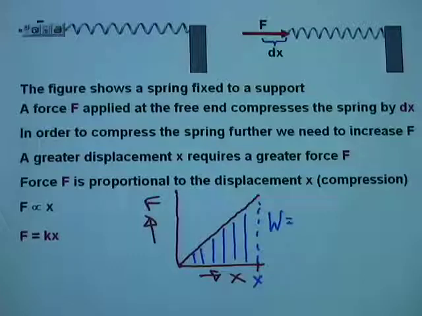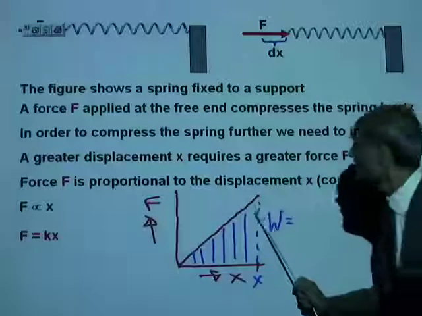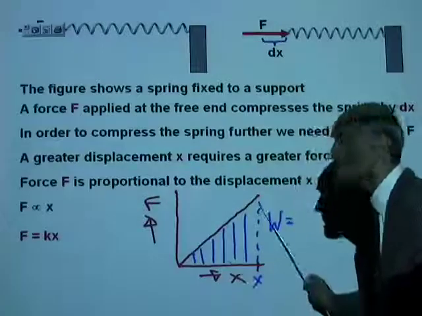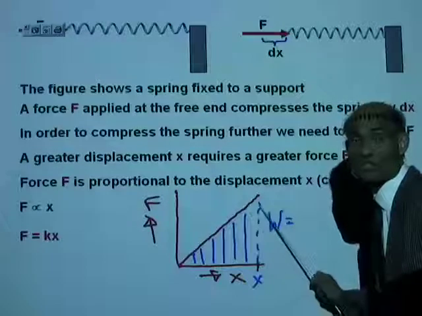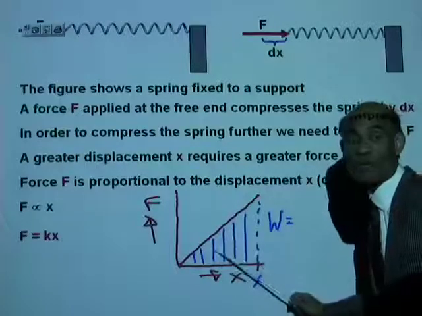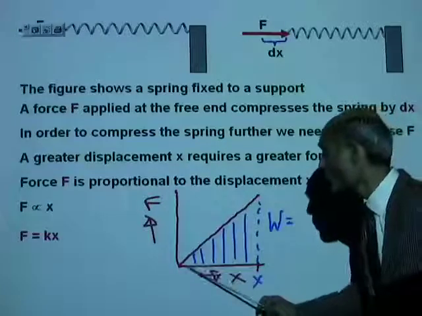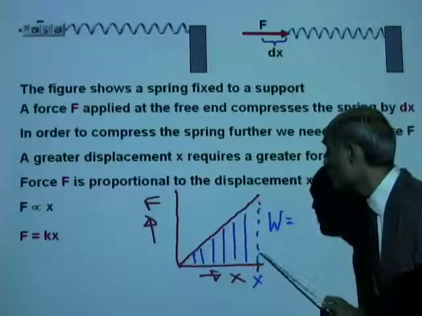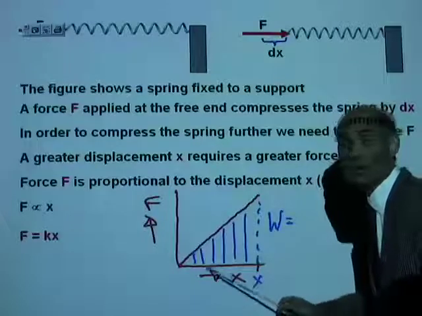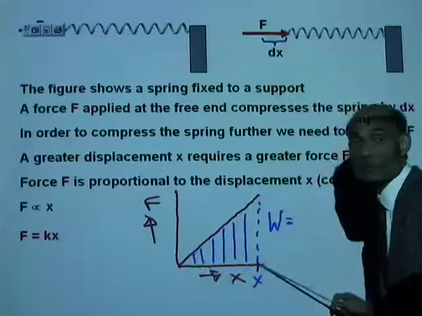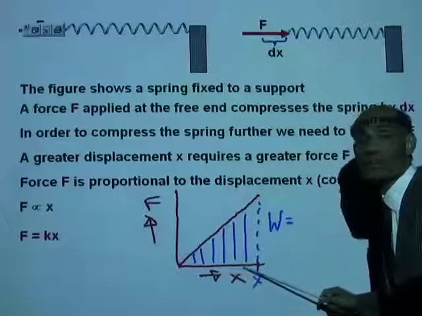Work done therefore is, can you write what that will be? What is the area of this figure? Area under this graph. This is a triangle. The area is 1/2 base multiplied by the height. What is the base of this triangle? It's the displacement x.